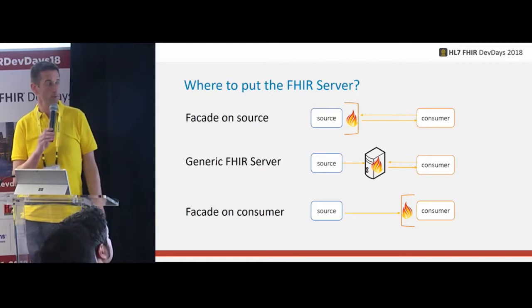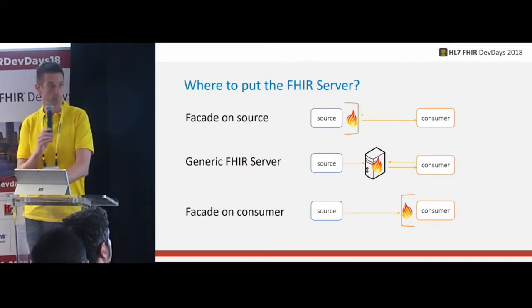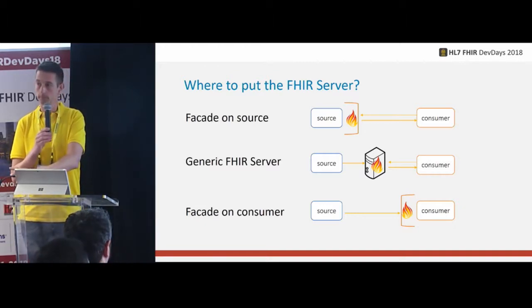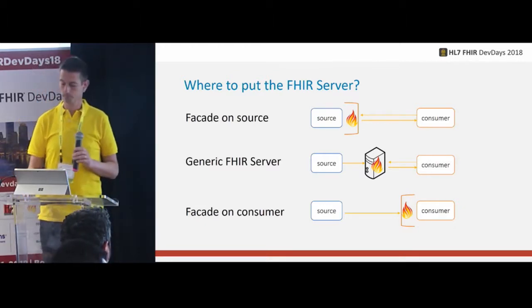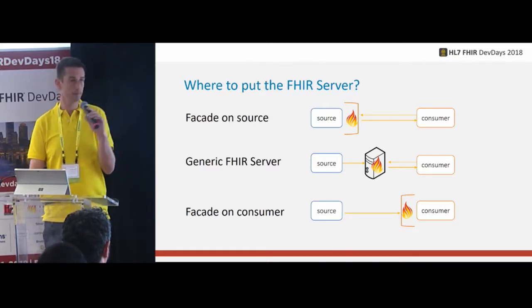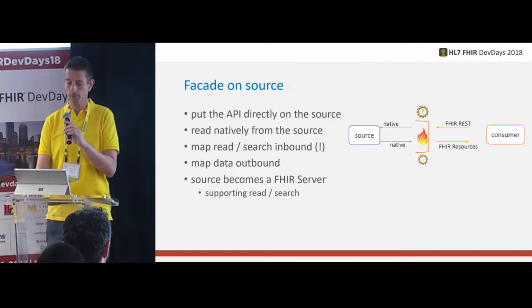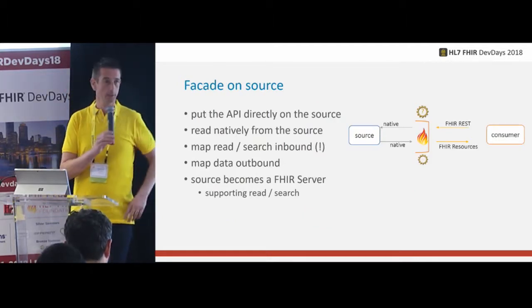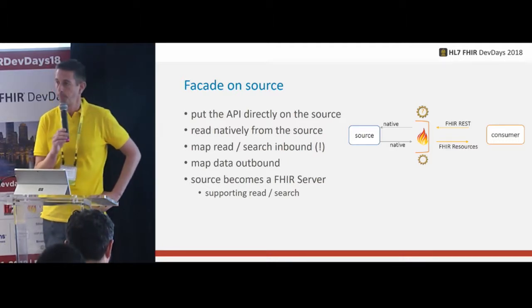And then the third one is to put the facade on the consumer. So that becomes a FHIR server that you can push data to directly. Well, these are the three basic ways to do it, and we're going to vary upon this. But let's get into detail of these three.